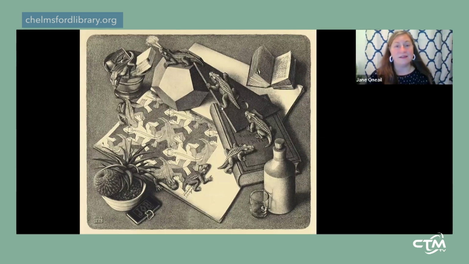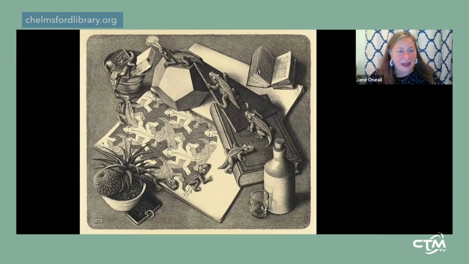I think that's why he's bringing in tools that a mathematician would use, referencing a book on natural history. It's hard to know what that is, but it's tempting to say it's part of this three-dimensional illusionistic world that makes sense in a picture that doesn't make sense, probably. That's my best guess.